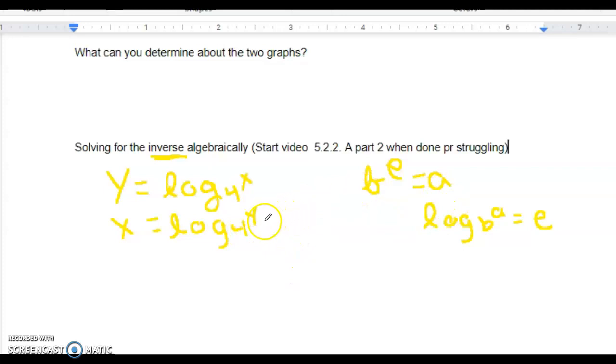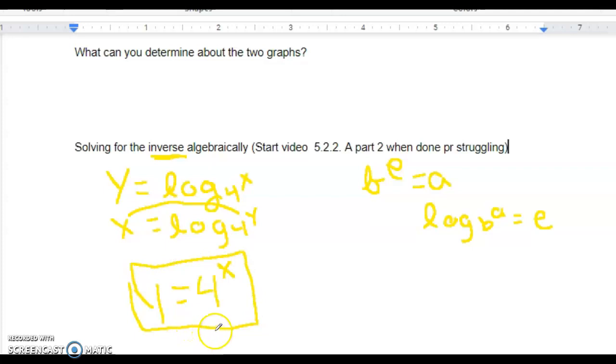But for now, let's just talk about solving for y. Now we can use this log to exponent rule to get us to y, right? Here we'll keep the base, which is 4, and we're going to flip the x and the y. So we now have 4 to the x, and we're going to set that equal to y, and that gave us the inverse function.